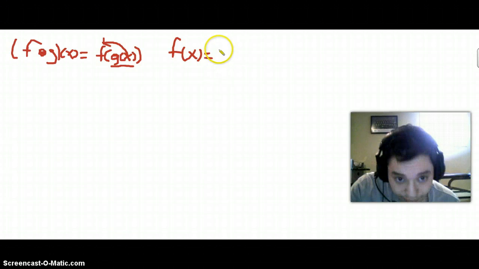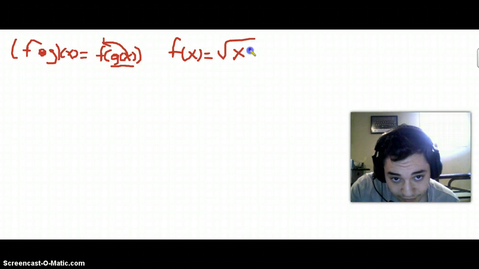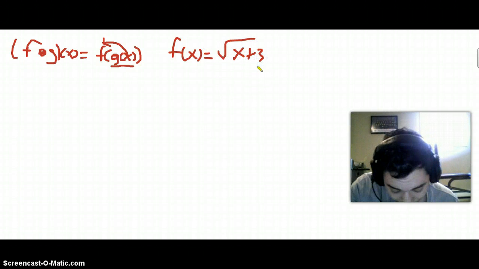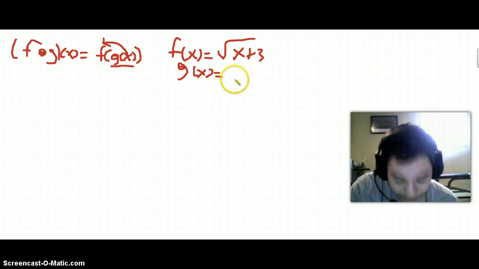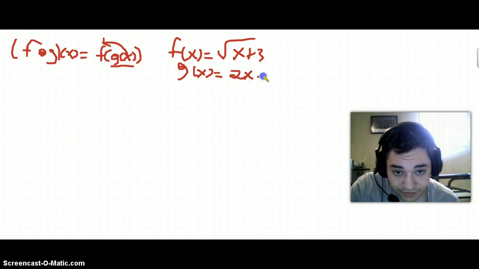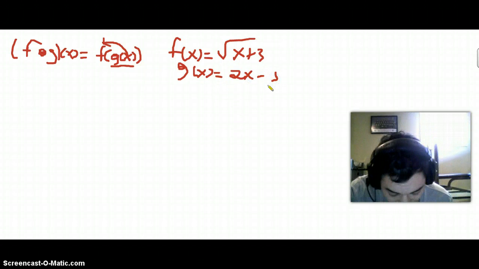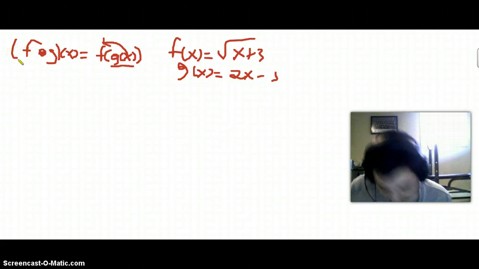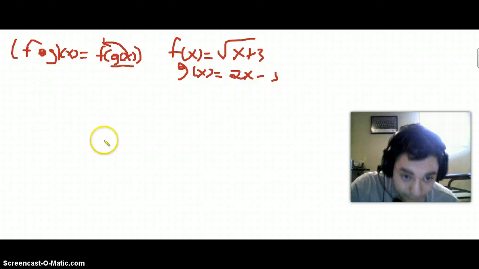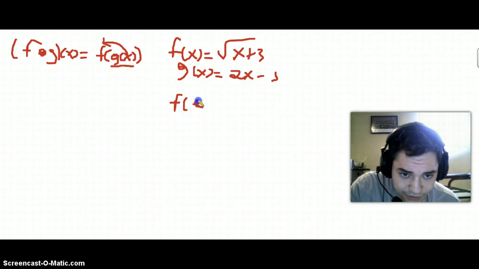Now what does this mean? This means we take this g of x and plug it into that f wherever we see x. So if they give us, say, f of x is equal to the square root of x plus 3, and g of x is equal to 2x minus 5, and they ask us to do the f of g of x. I'm going to rewrite that over here, f of parentheses g of x.